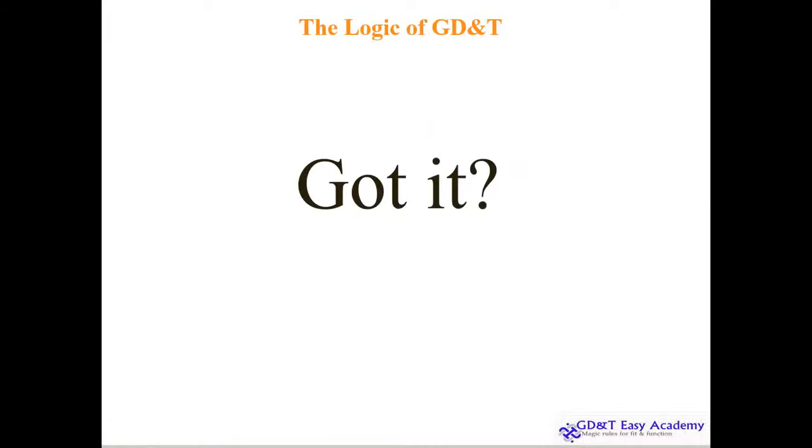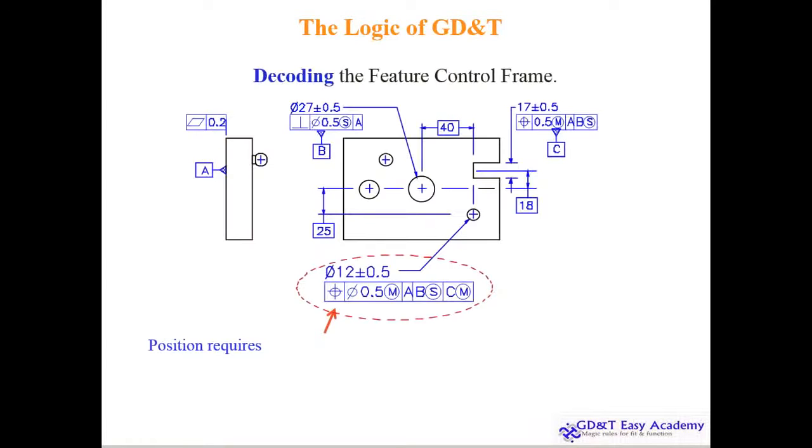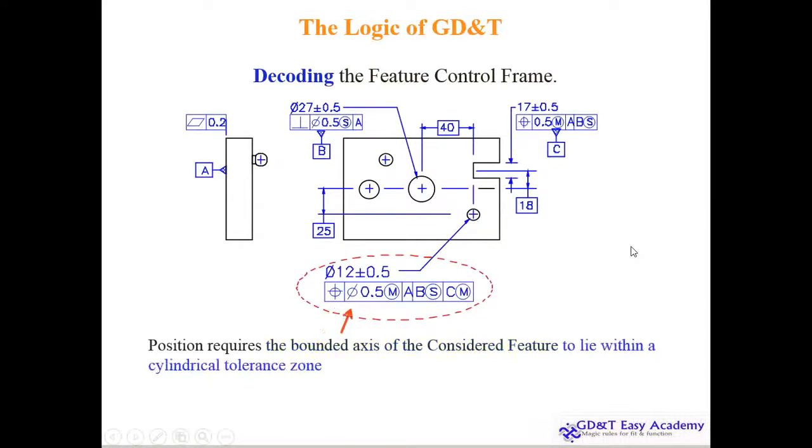So now I think you got the basic logic of GD&T, and let us fill in the data. So what is the meaning of this? The position requires the bounded axis of the considered feature, because this positioning is with respect to this axis, and it lies within a cylindrical tolerance zone, that is 0.5, because of this particular note, and of a diameter 0.5, and at MMC, expanding by as much as 1 mm.